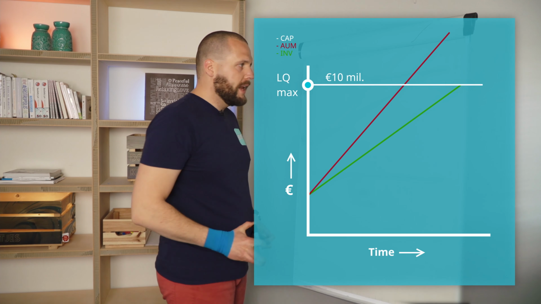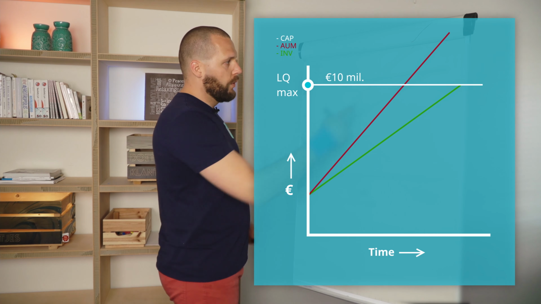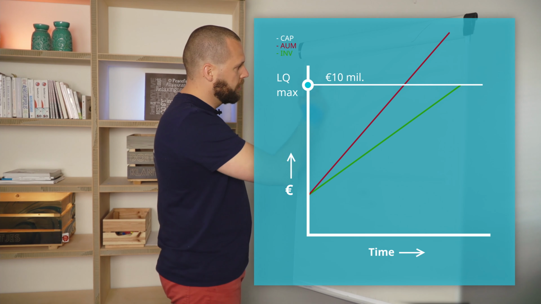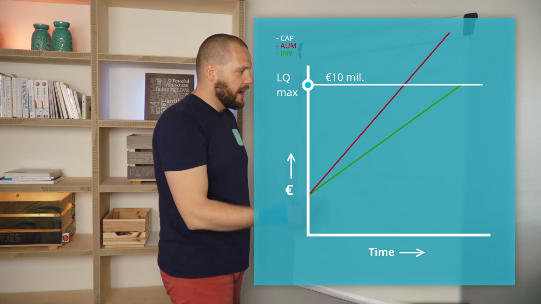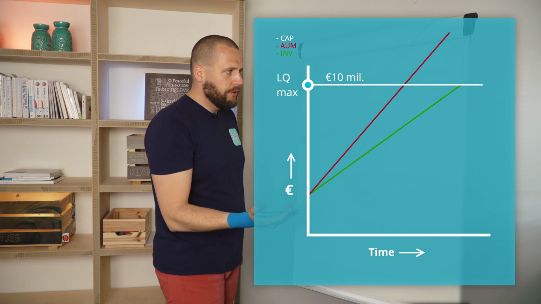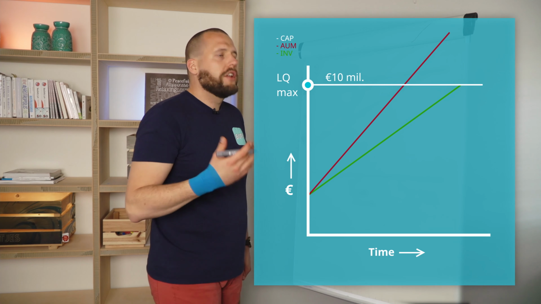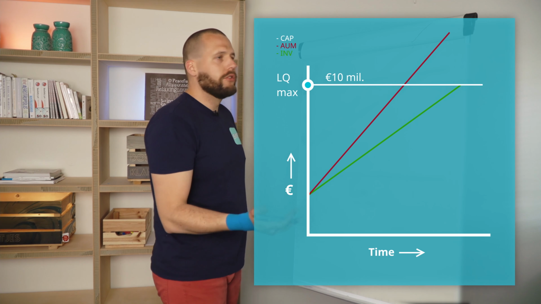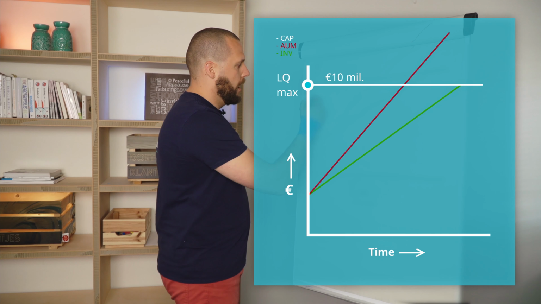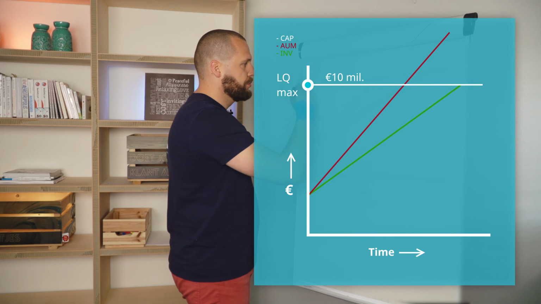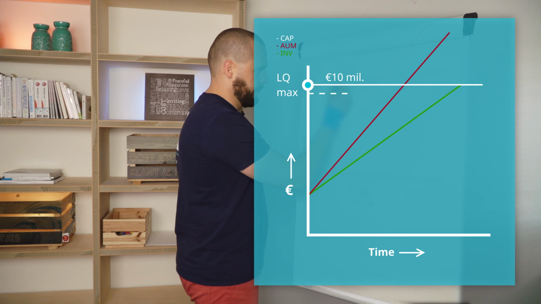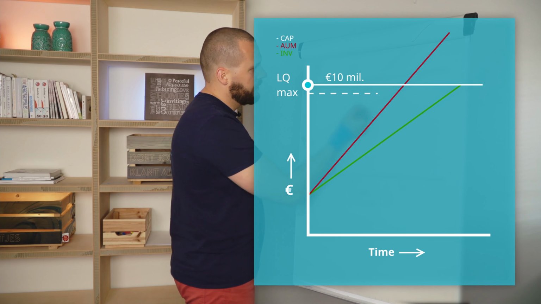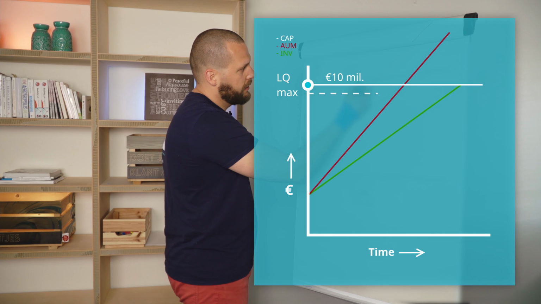So the way we mitigate this is by, when we see this happening, we're going to lower the market cap. And that means that if somebody gets out, there's not somebody else who can go back into that position. And let's say this is the market cap, which we initially had at the LQ max, or around. We see the bot creeping up. That means that we're going to block it.